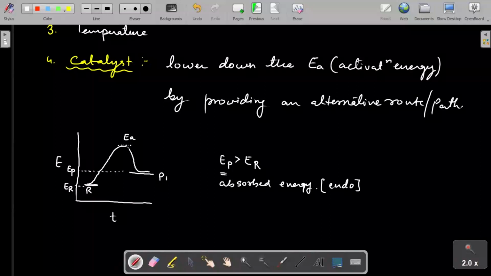These are endothermic reactions. Now, what is the second case? There is a second case where the products may go down and become stable here.